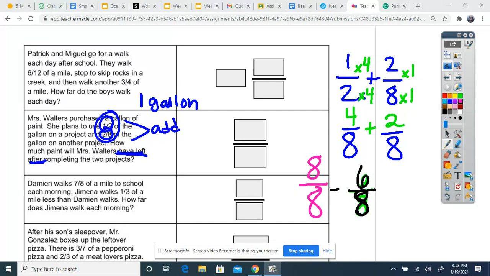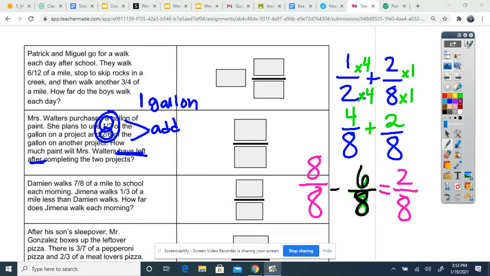So 8 over 8 is the same as 1. So 8 over 8 minus 6 eighths would give me 2 eighths. So we subtracted 6 eighths from 1. 8 over 8 is the same as 1. We just changed it to have a denominator of 8.